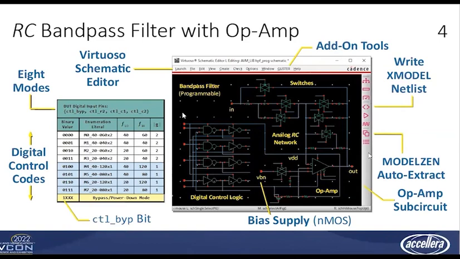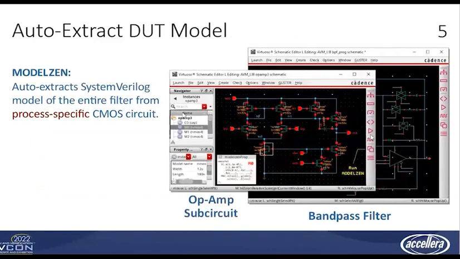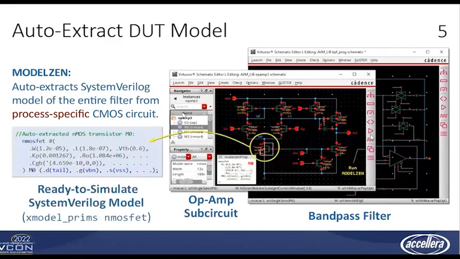This add-on toolbar shows that XModel has been installed, and let's try pressing this push button, which invokes ModelZen. ModelZen extracts SPICE accurate device models coded in SystemVerilog for the whole filter. To see how it works, let's focus on just one transistor, M0.